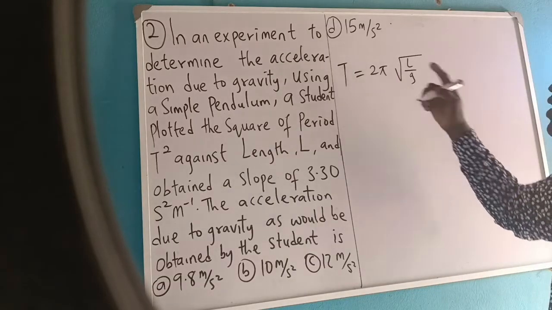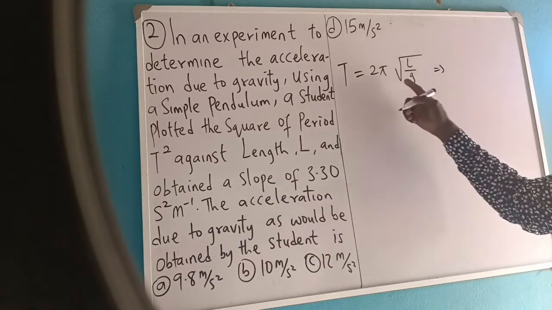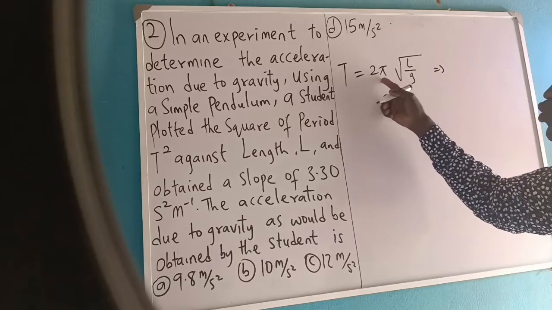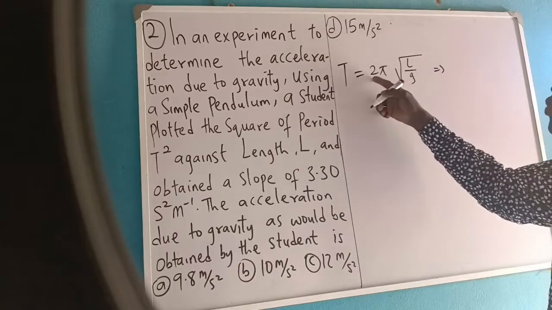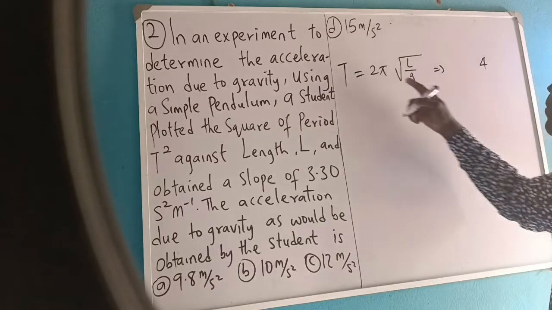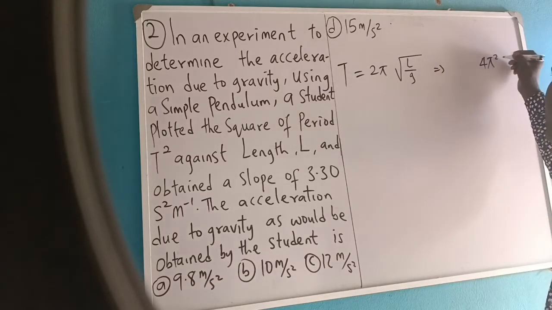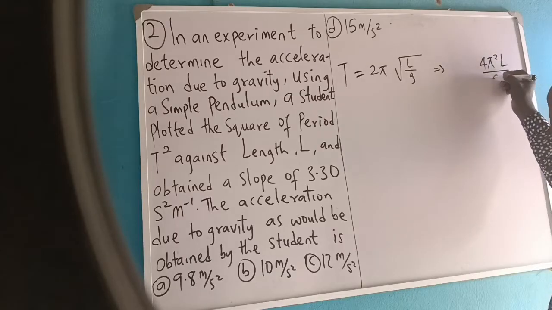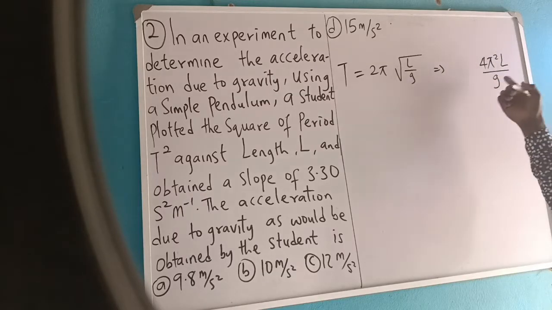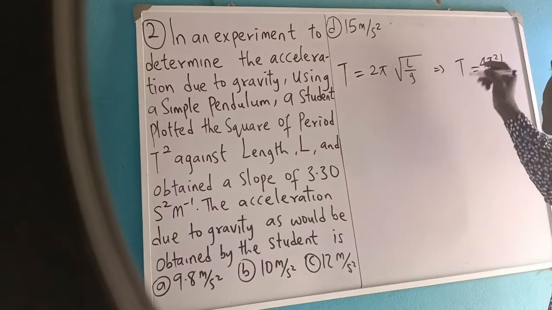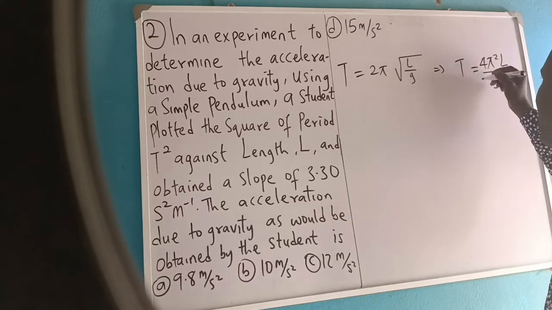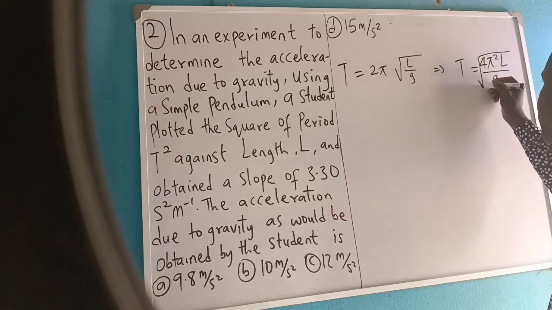Then repackaging this formula, I will bring this 2 pi inside the square root. To bring it inside, 2 times 2, 4, pi times pi, pi square, L all over g, is equals to T. Then you put your square root sign.